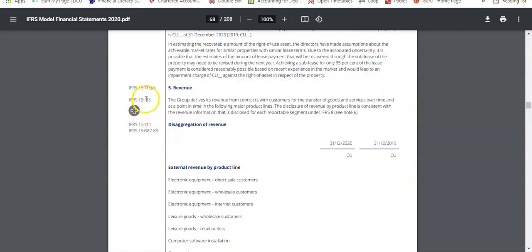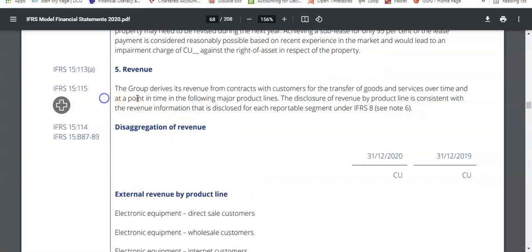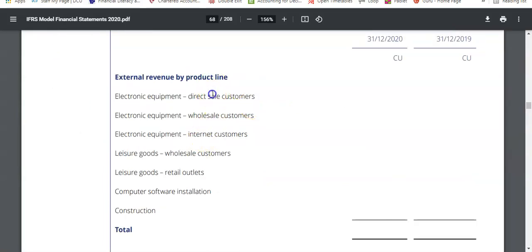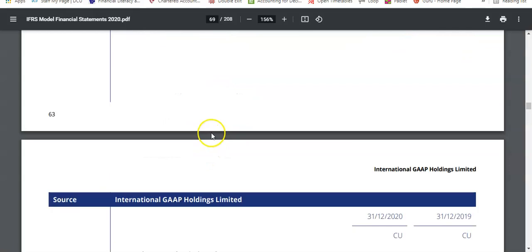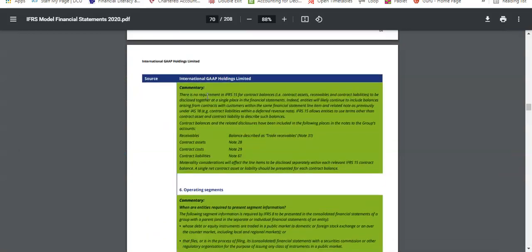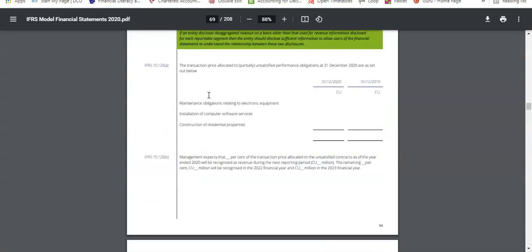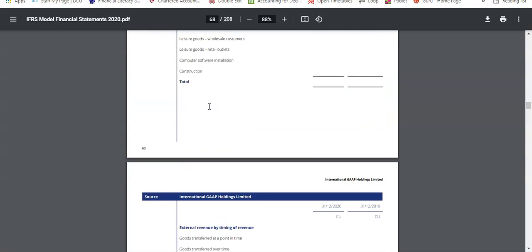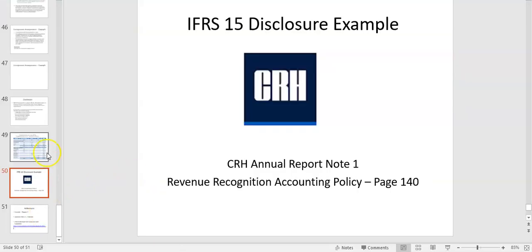There's actually paragraphs 115 and 116 in IFRS 15 on the disaggregation of revenue. So you break it down, what are the different line items you're getting revenue from, and you also might have how they're recognized at a point in time or over a period of time. So it's just good to give you an idea of where this commentary is coming from, and they also give you comments underneath of what this means. So it's nice to have that little green box just to make sense of it, because disclosure notes are one of the most important things in accounting standards. What has to be disclosed and what level of detail.